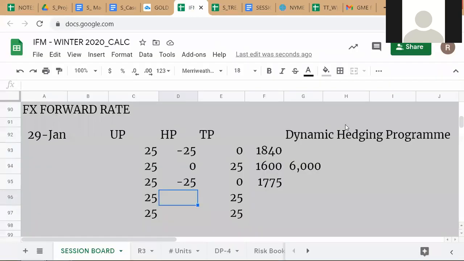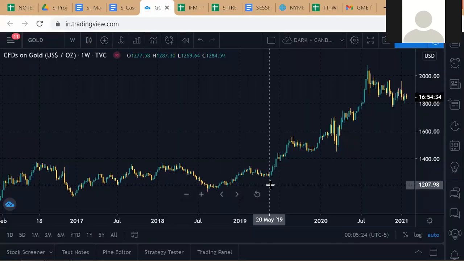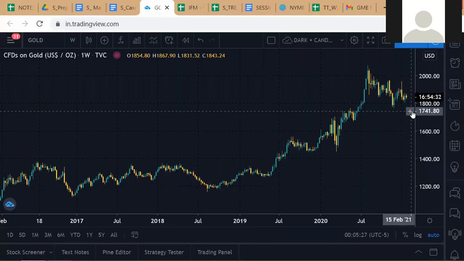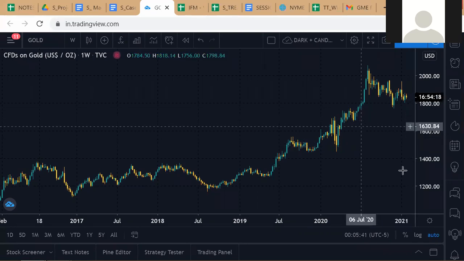The total position becomes exposed, the total position becomes 25. But then the market rises to 1775, and there you hedge again. You sell the full 25 contracts, and again the total position goes to 0. And again, maybe this time it drops to 1500. Again you have some kind of view that it's going to jump, and then you square it, and then you re-hedge it again at lower levels.